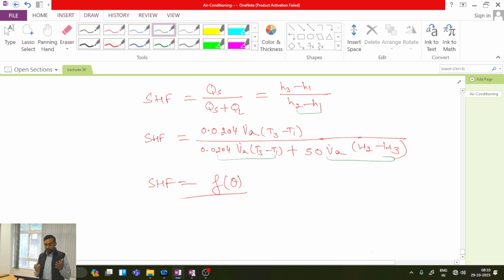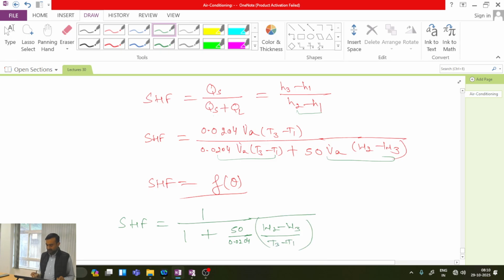Okay, so if I do a little bit of algebraic manipulation of this equation, I can divide throughout by the term in the numerator. Then I will get 1 divided by 1 plus 50 by 0.0204. Okay, V̇A will cancel out, and here I will get (W2 minus W3) divided by (T3 minus T1). Is this point clear?